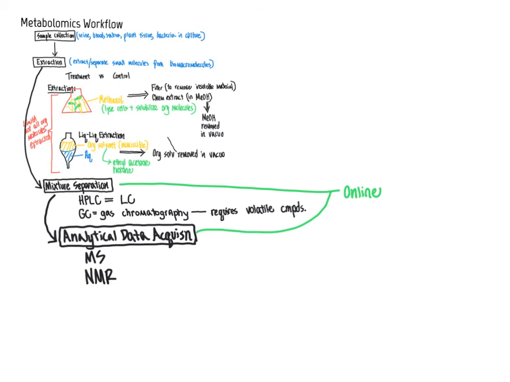So when we think about the analytical data acquisition here, there are some pros and cons to NMR versus mass spectrometry that we would need to consider. And we can summarize those pros and cons as follows and design metabolomic experiments that are best suited to work around these pros and cons.